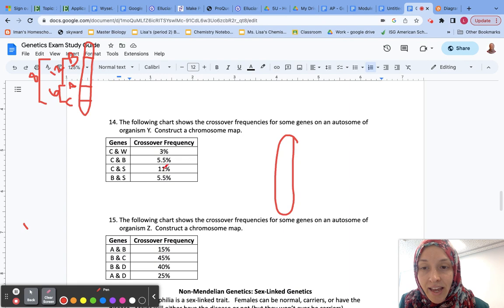So I'm going to say that C and S are far apart, and then it looks like this B is in the middle of them. So I'll put C here, and I'm going to put S here, and we said between C and S is 11.